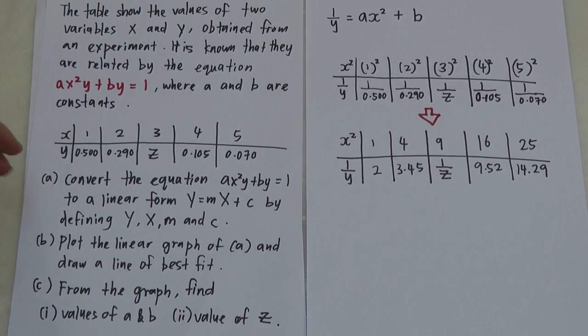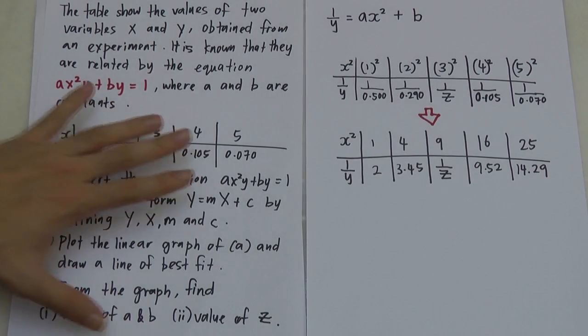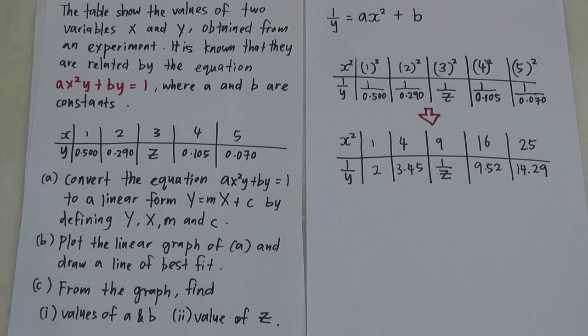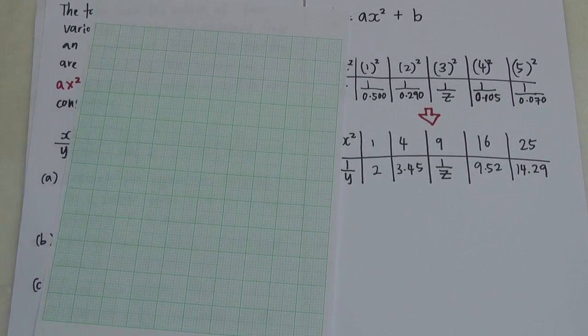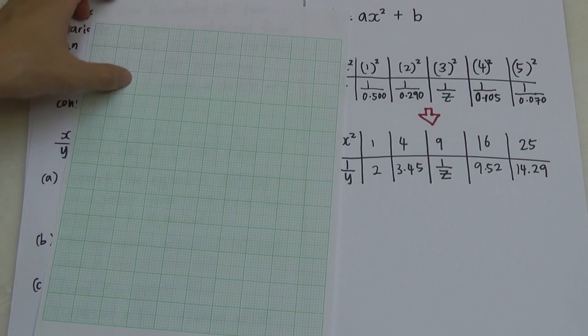Sometimes they give you 2 cm to 1 unit or 1 cm to 1 unit, but in this case he didn't give you anything, so you can do whatever you want, but you must make sure you use at least 50% of the graph paper. If you want the best, using 75% will be the best.